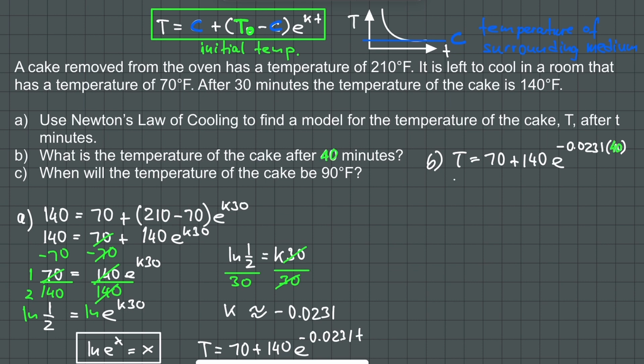Typing this into the calculator gives us approximately 126. So after 40 minutes, the temperature of the cake will be approximately 126 degrees Fahrenheit.